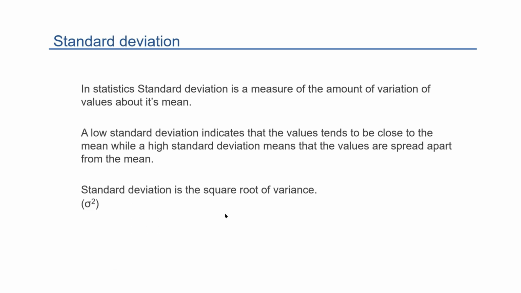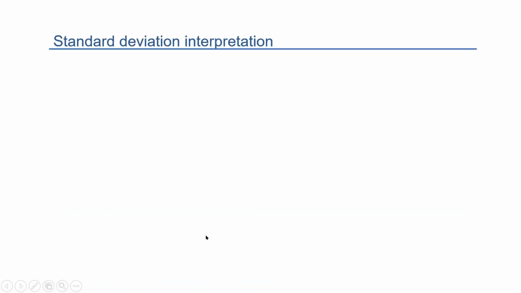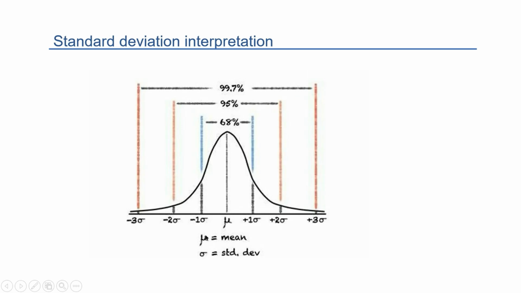So see here, sigma square represented by this formula is our variance, and when we remove the square from sigma, we put the formula under a square root, and that is our standard deviation. Let's see how we can interpret a standard deviation.